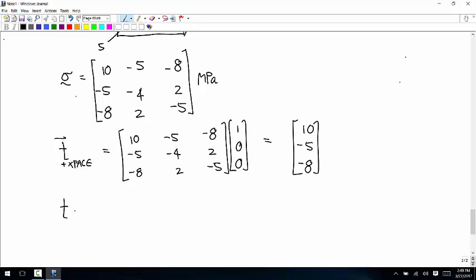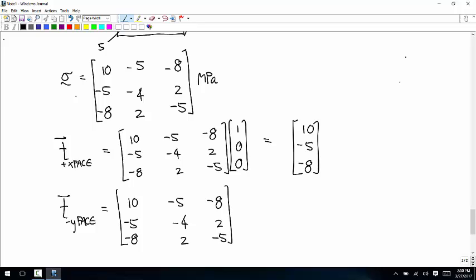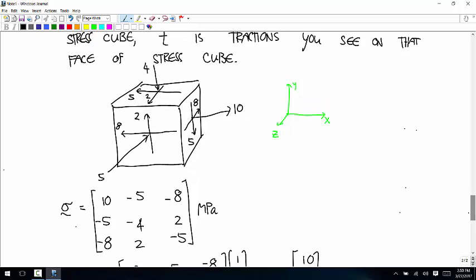And then let's do the traction on the negative y face. What's the traction first on the positive y face? What's the x component?